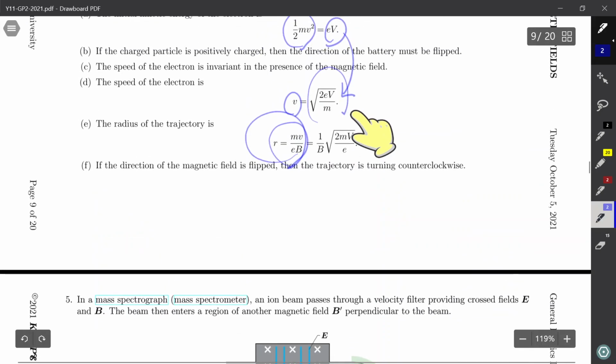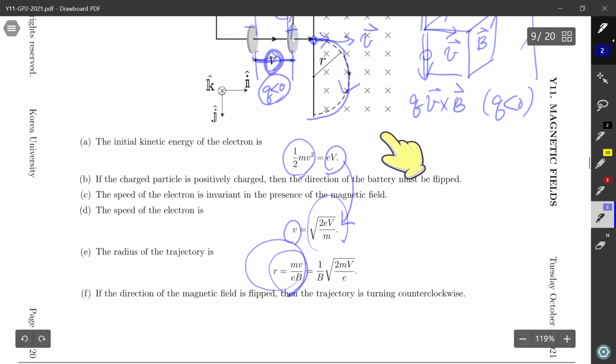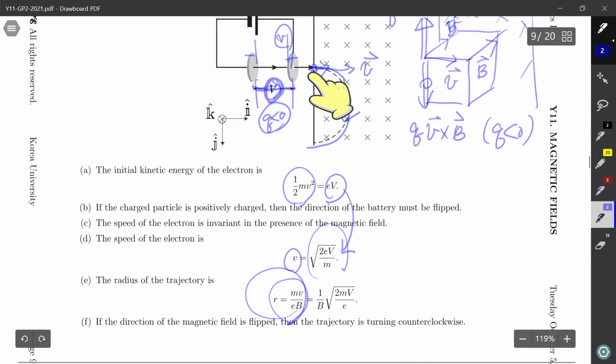Using this, we can measure the diameter or radius. Here, the radius is proportional to the square root of the mass, keeping everything else the same.